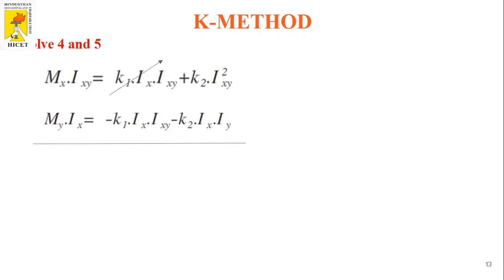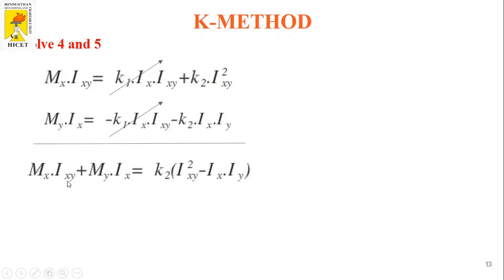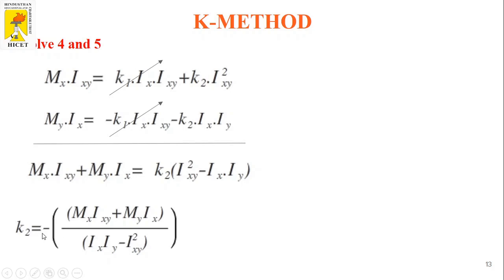When you add them, the terms k1 Ix Iy and minus k1 Ix Iy cancel, and the remaining terms give Mx Ixy plus My Ix equals k2 (Ixy square minus Ix Iy). From this we can find k2 equals minus (Mx Ixy plus My Ix) divided by (Ix Iy minus Ixy square).